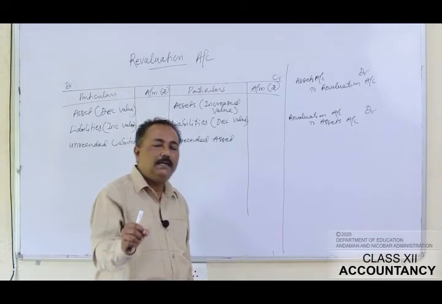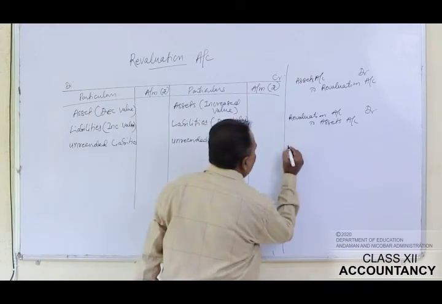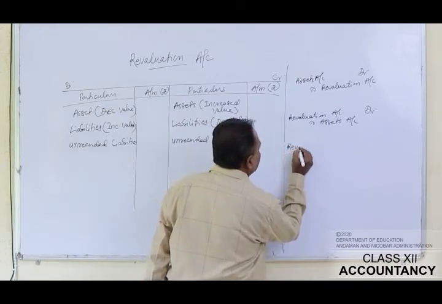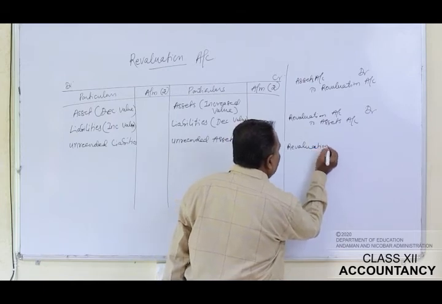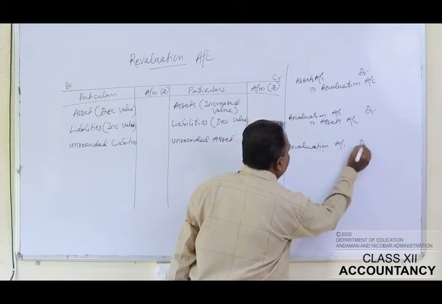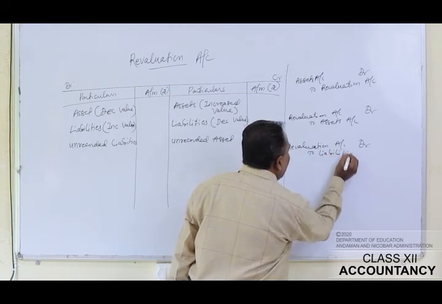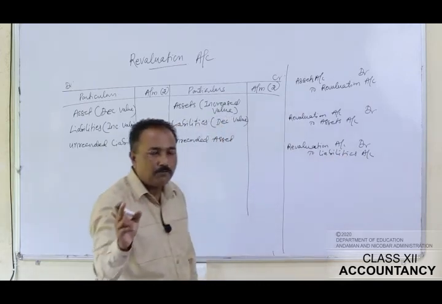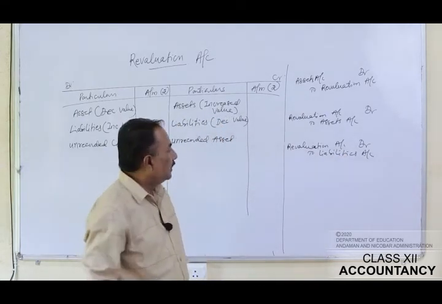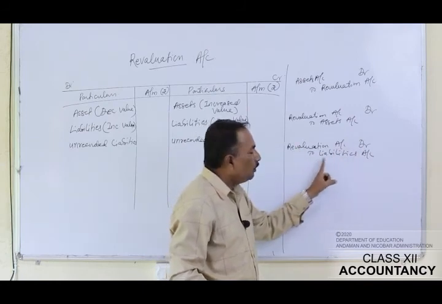Whenever the value of liabilities increases, what journal entry will be passed? At that moment the journal entry will be revaluation account debit to liabilities account. Here also you have to write the liability by name.